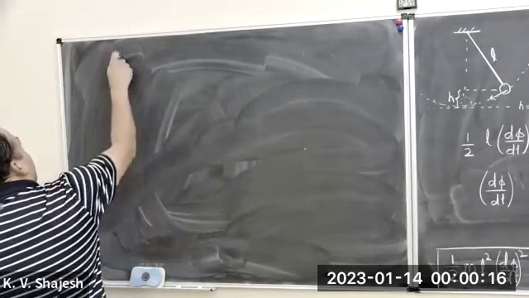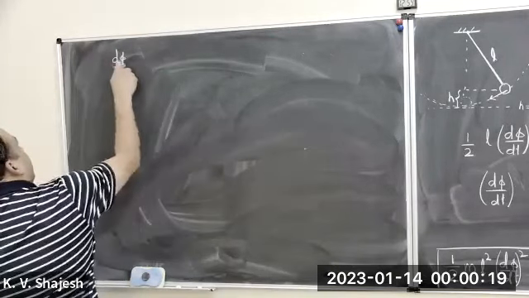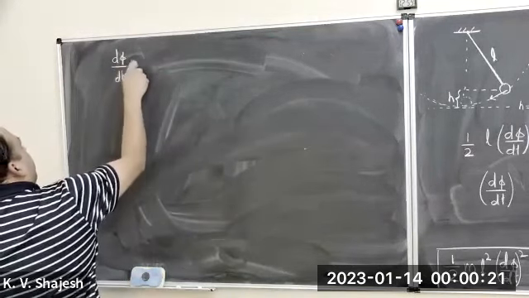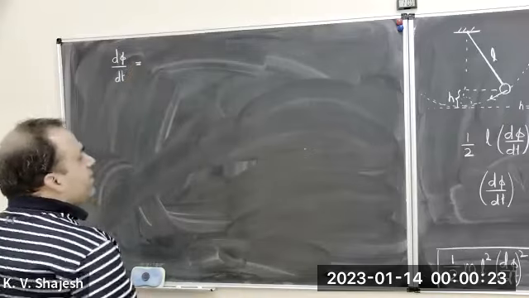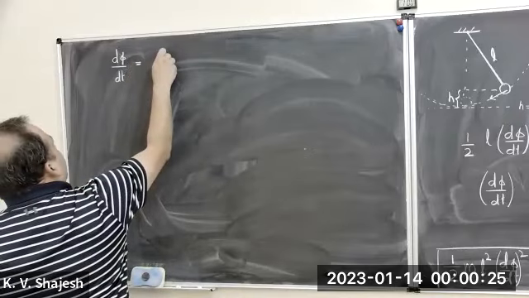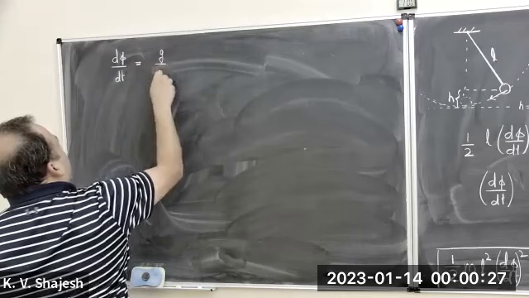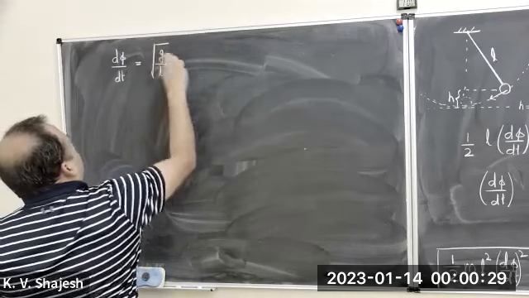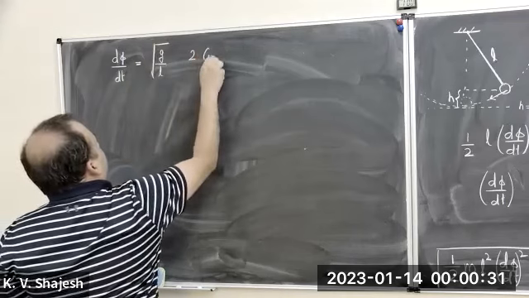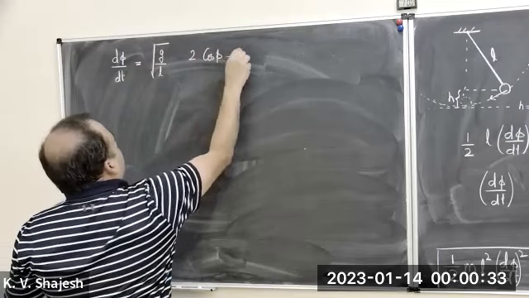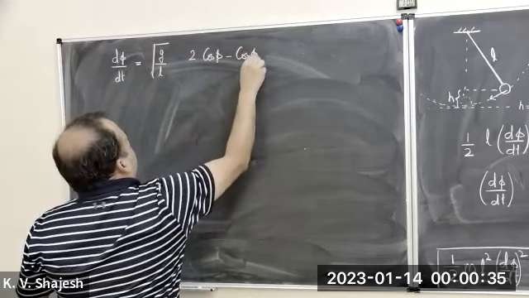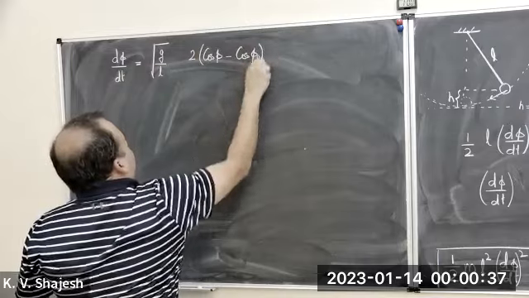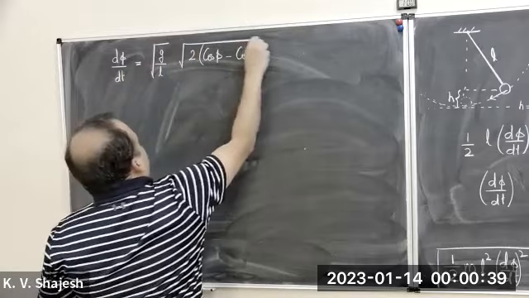So again, rewriting the equation on the right, I have d phi by dt is equal to the square root of g over L, and then there's 2 times cosine of phi minus cosine of phi naught.